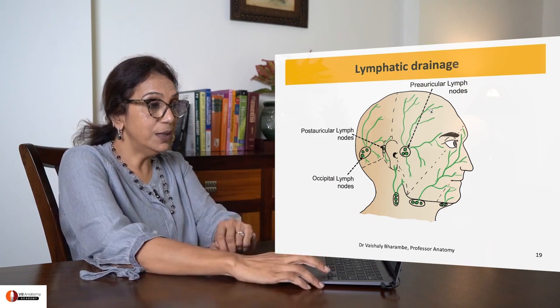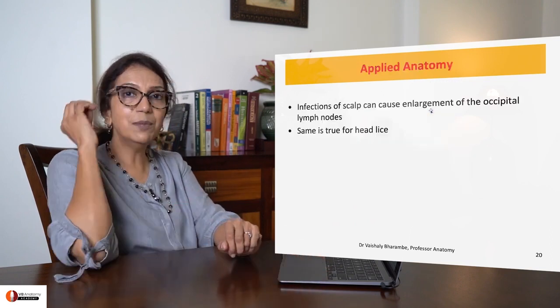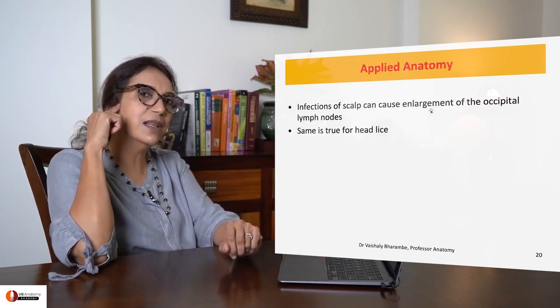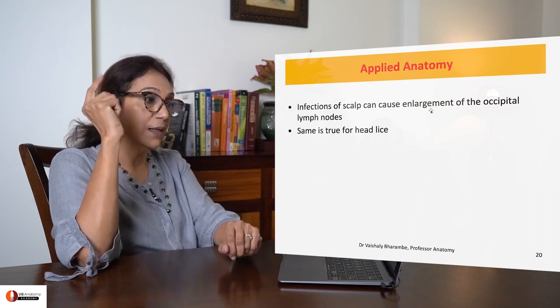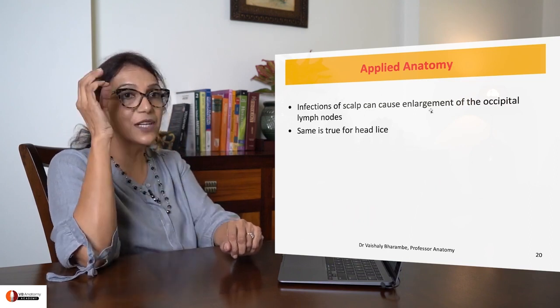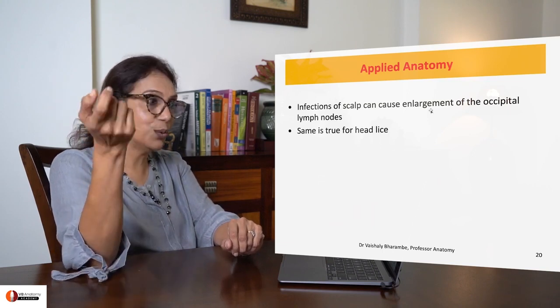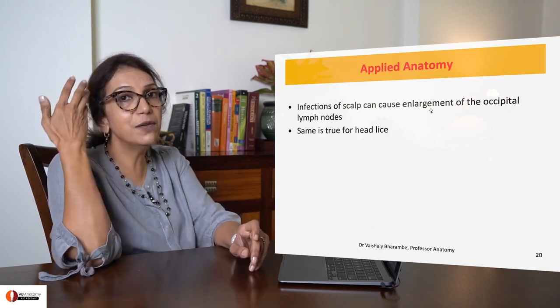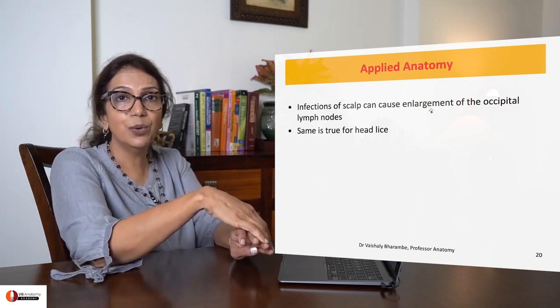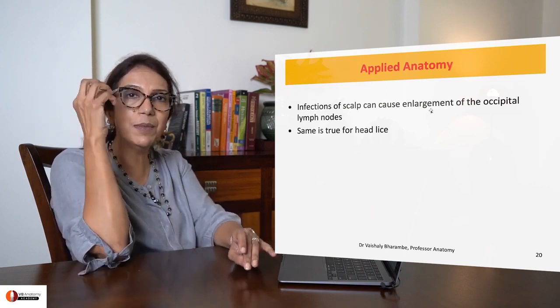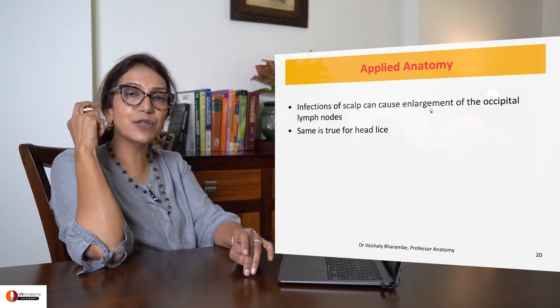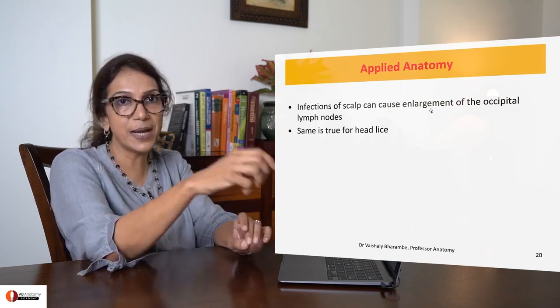Now, the importance of knowing this is that sometimes patients will come to you saying there is some thickening here. The possibility is that there is an infection of the scalp and that is why the lymph nodes are swollen. Same can be true for even people who have head lice. These lice also cause some kind of low level infection which causes the lymph nodes to swell up.